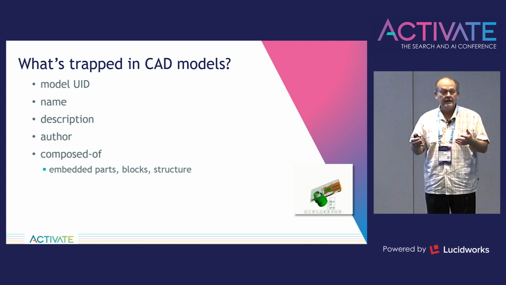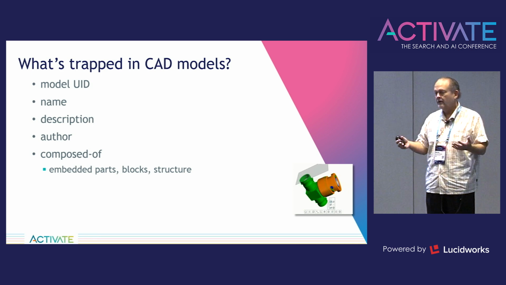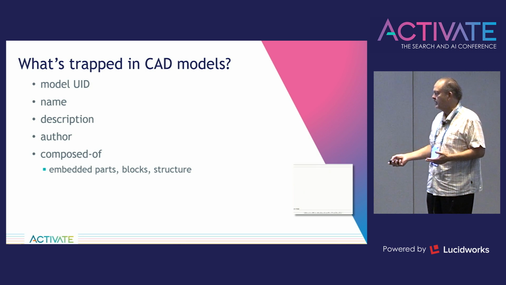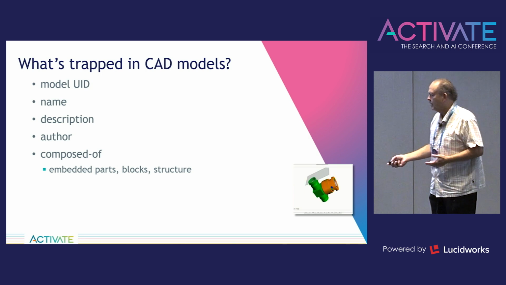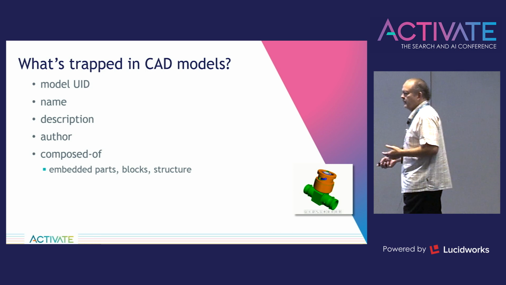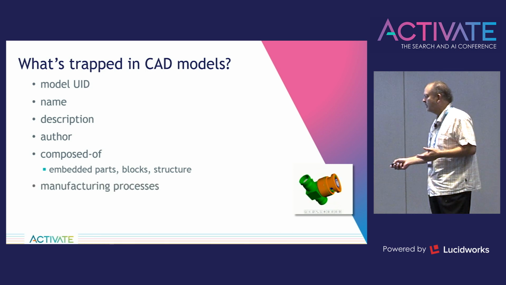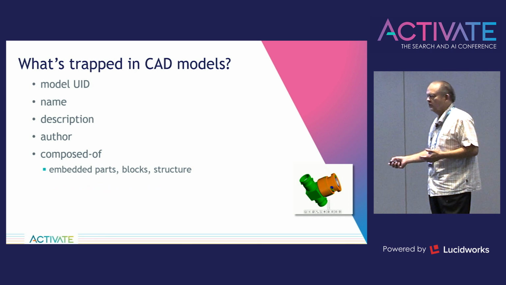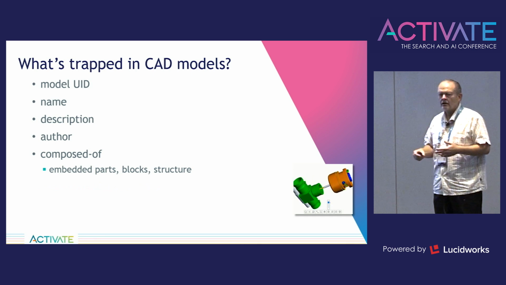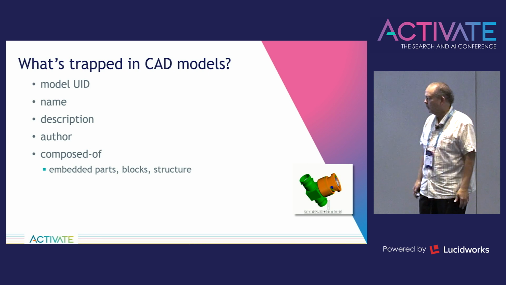So why not take advantage of that and have a bill of materials or composed of, right? So these are the embedded parts. If your customers are using AutoCAD in particular, then you would hear terms like blocks and symbols, etc. But the point is that this is information that's inside of the drawing.